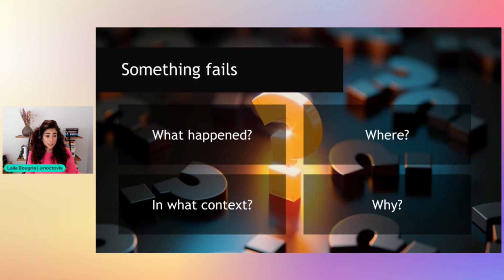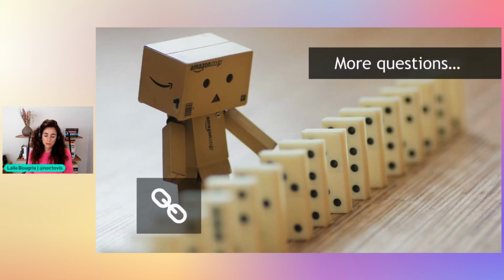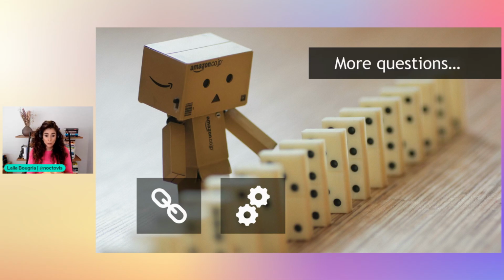However, in a message-based system, you're going to have to ask yourself a bunch more questions. Because, first of all, we need to have a very good understanding of which specific action started this chain or sequence of messages that we are seeing happening in this production environment. Because, as we saw earlier, that could be multiple components, right? We also need to have a good understanding of which processes are involved.